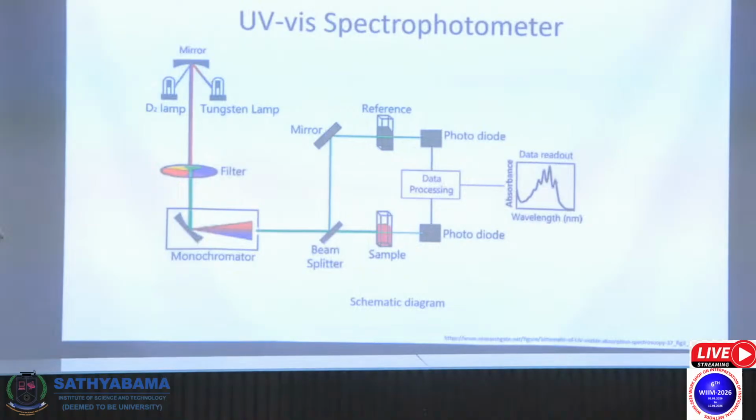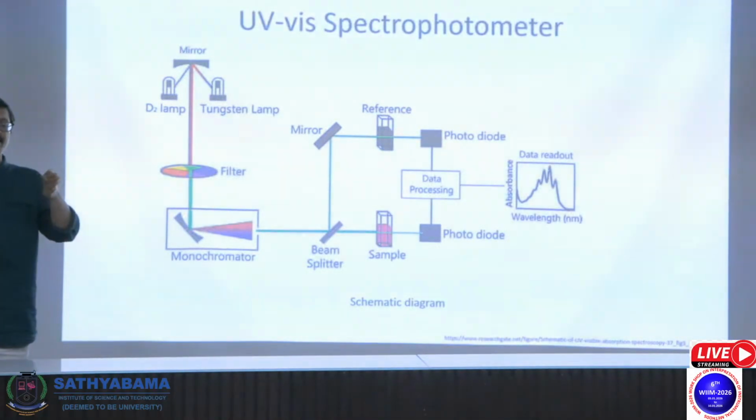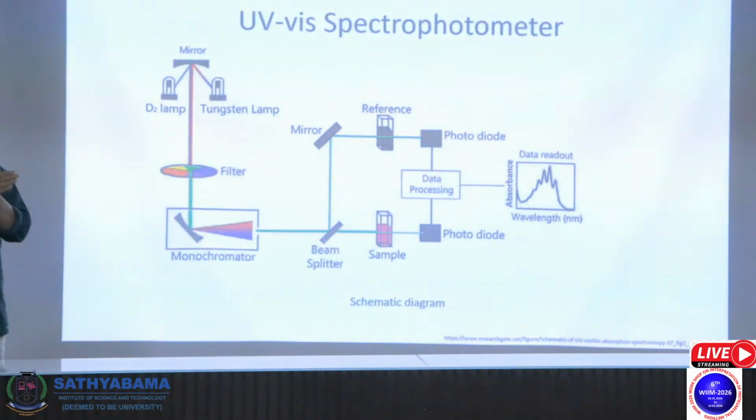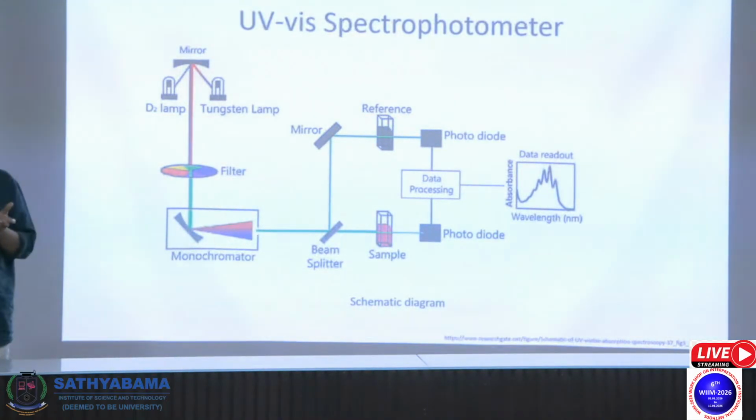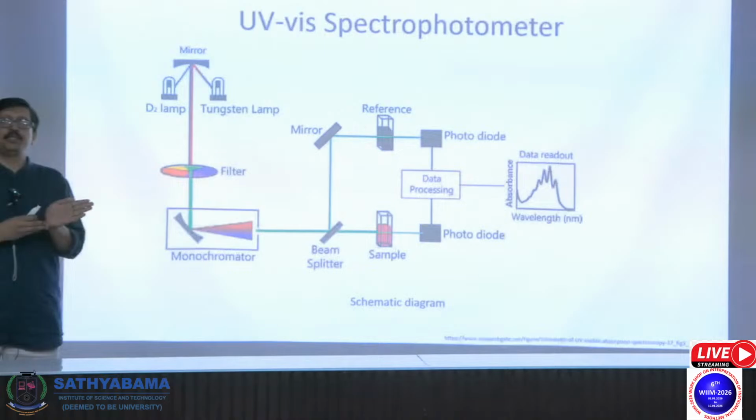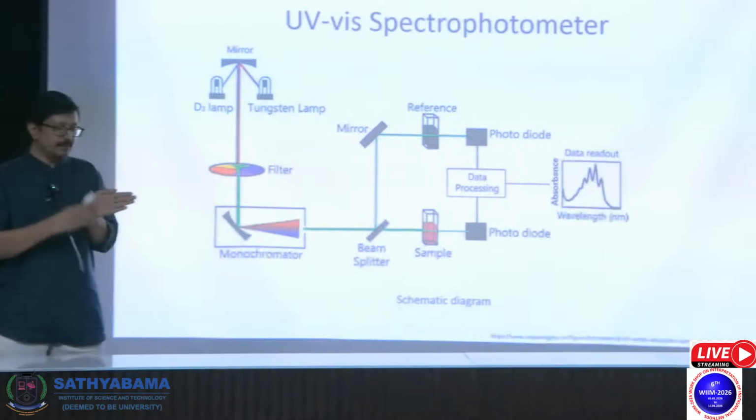So the light is generated, and it is coming through. There can be filters, and using a filter you can allow certain wavelengths. There can be an even better way of selecting the wavelength, something called a monochromator. A monochromator is basically a piece of metal with a lot of fringes.